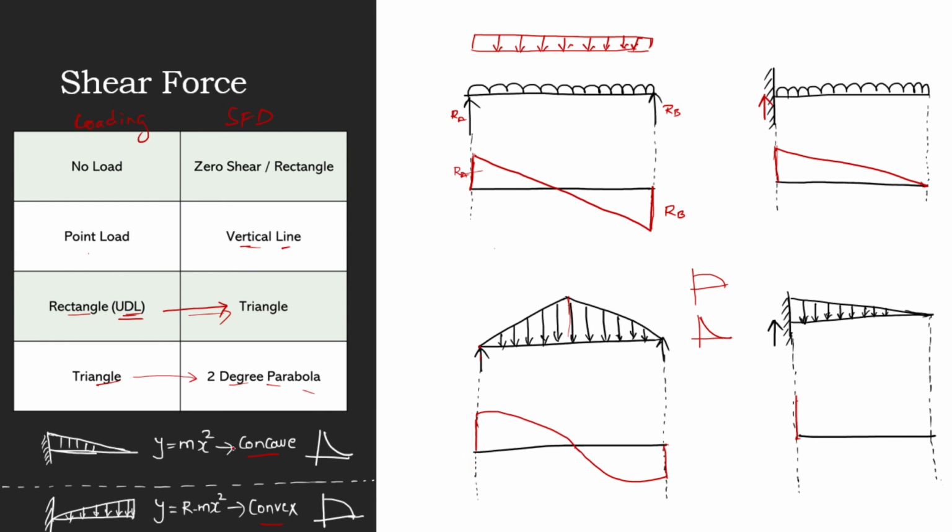So if you have a case where there is a cantilever beam and the maximum load acts at the support, then the equation for that parabola is y is equal to mx square. You must have studied equations of parabola in your mathematics courses. So it will have a concave curve. Such is the condition here that we have right now, and there is no other support in this condition.